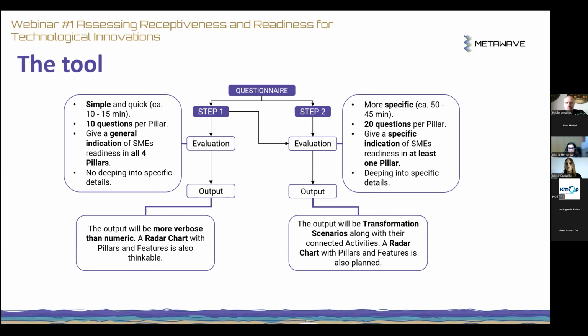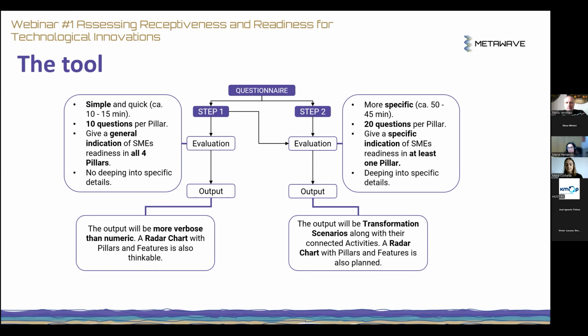They will focus on open innovation or innovation culture. After choosing, the company will fill in only the questions related to the pillar they have chosen. If they want to do all 4 pillars, of course, it's not quick, because as you can see, it can take up to 45 minutes.